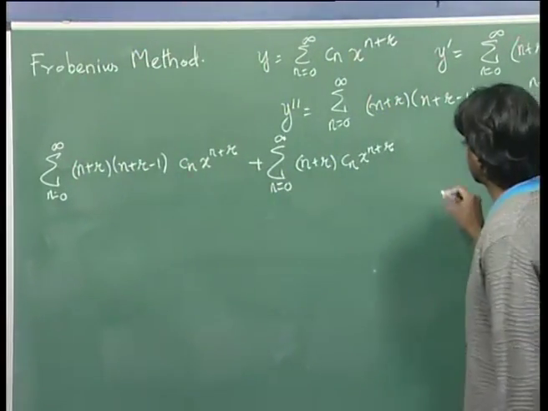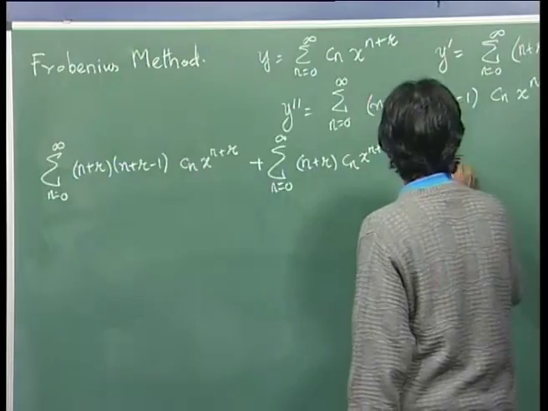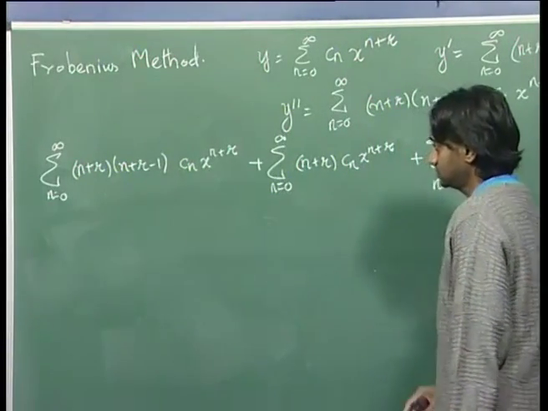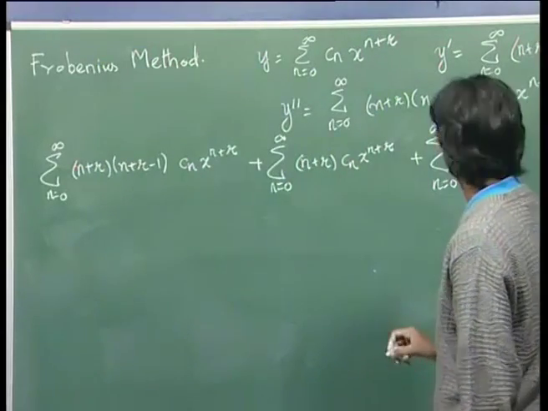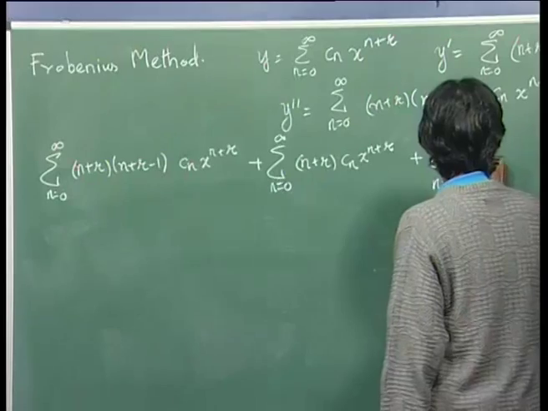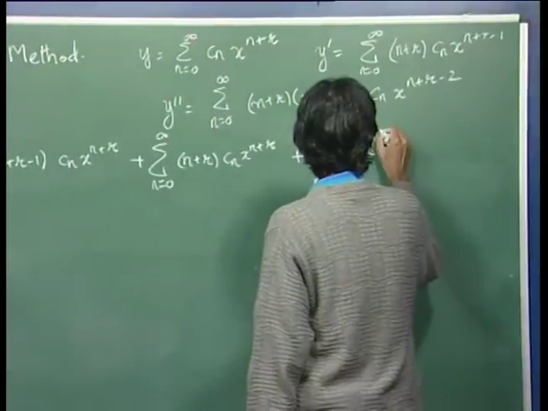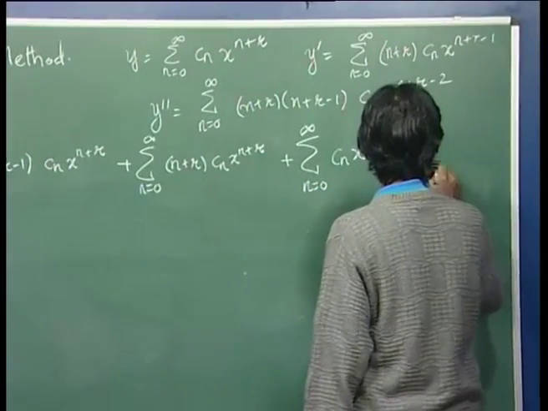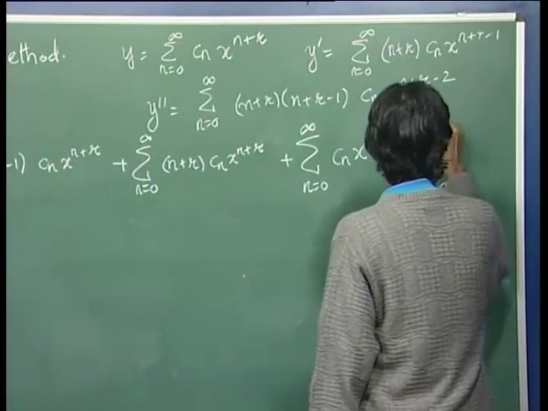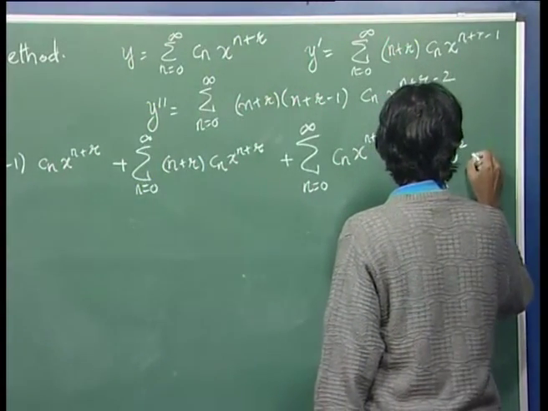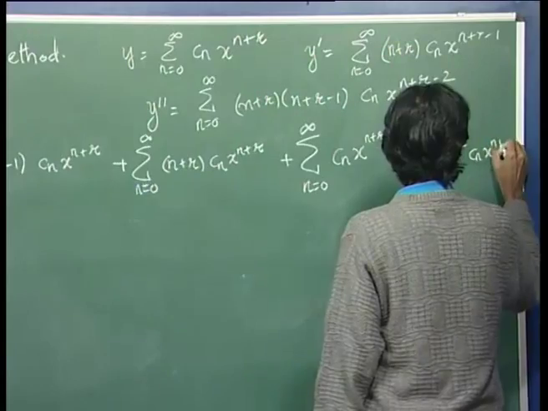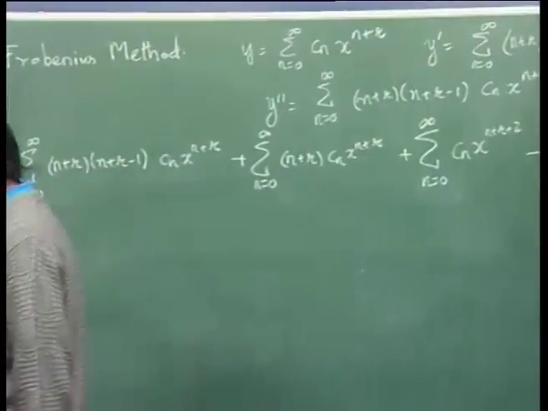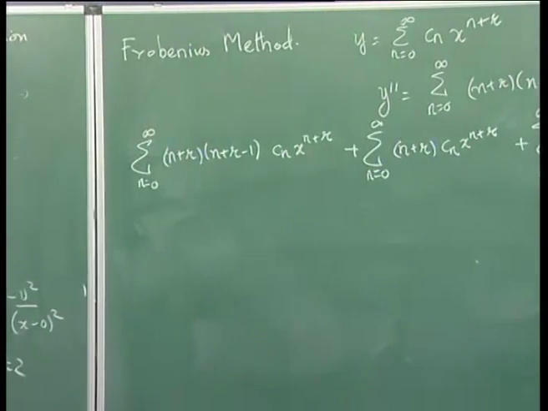The third term I will write as a sum of two terms: the first is C n x raised to n plus r plus 2, and the second is minus mu squared, this whole thing equal to 0. So I wrote it as 4 terms.